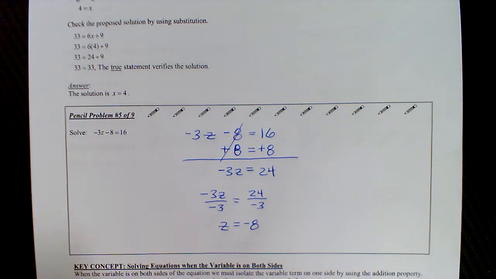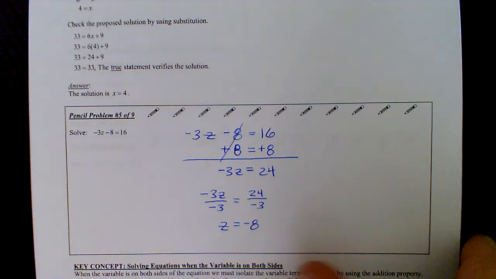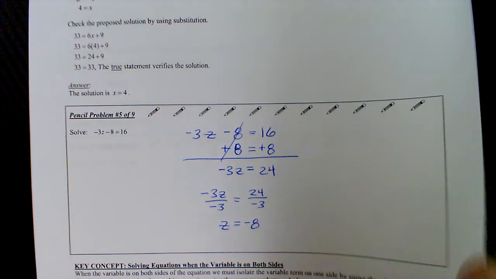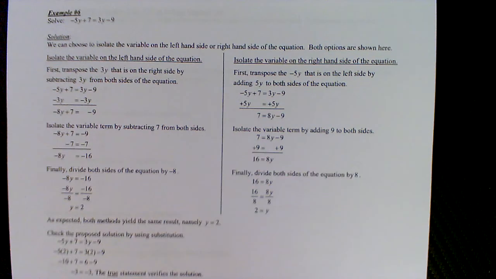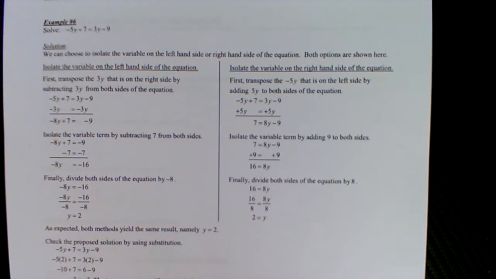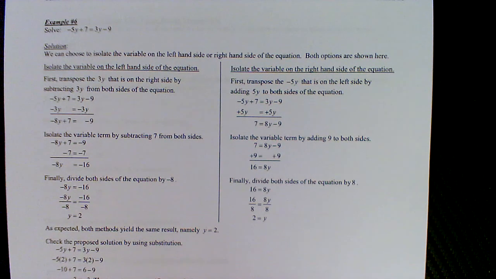So moving on to the next key concept. When the variable's on both sides, it's your choice. You could bring the variable to the left or the variable to the right. I'm going to suggest that you read through the example and notice the difference between the two methods.